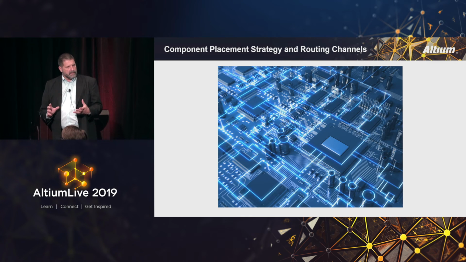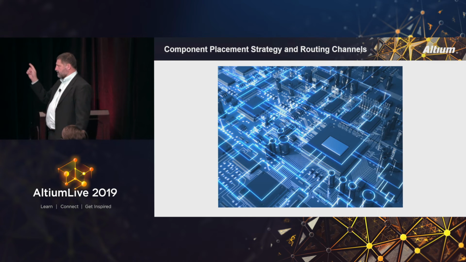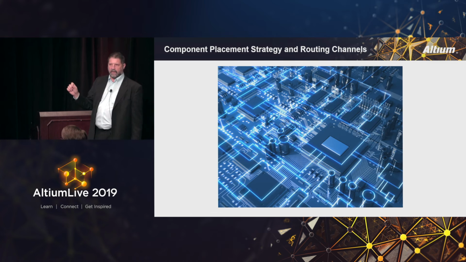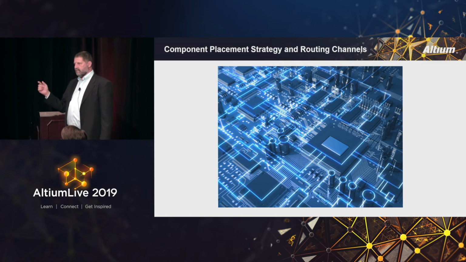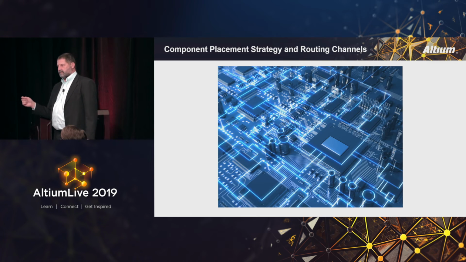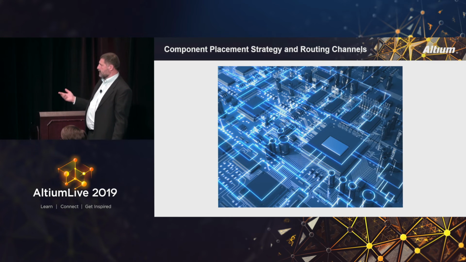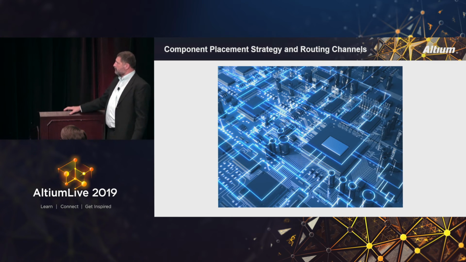Now, it's very important to also think at this time, where am I going to route the bus between these things? Do I have room for that to run? And am I trying to do that on a part that's going to be perforated with vias and block that? That's really important when we look at the routing. Routing channel should be a part of your placement strategy.